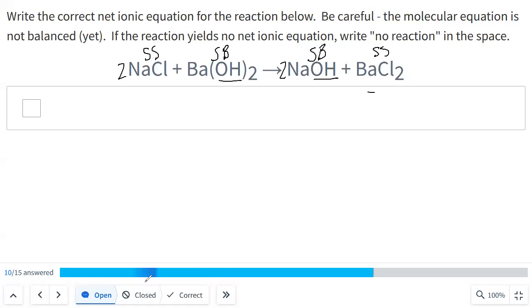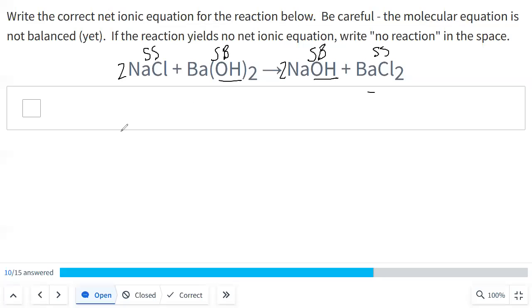So here's the thing that we have to be careful of. We have to be careful of assuming that because a chemical reaction is written, that we're going to get some sort of visible result. Walking around, I saw a lot of people classify barium chloride as insoluble. It's not. Barium chloride is in fact quite soluble in water.